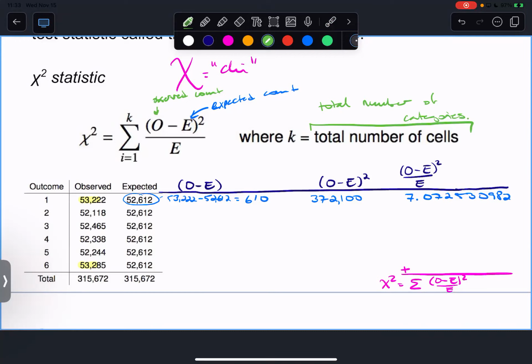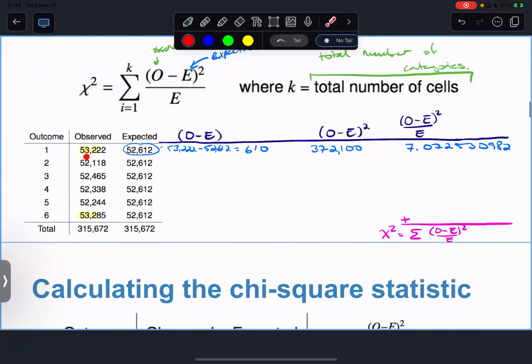Which we could also think of as the total number of proportions, or groups. How many proportions do I have? I have 53,222 out of 315,672. I could convert all of these to proportions, and I would have 6 proportions.